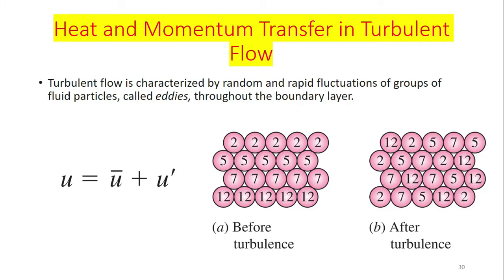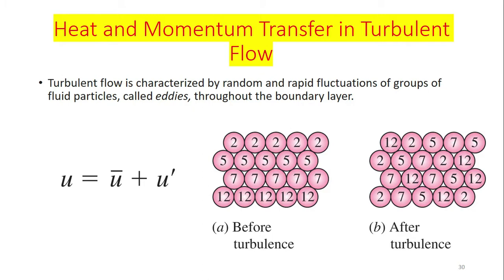But in turbulent flow, the transverse motion of eddies transports momentum and heat to other regions of the flow before they mix with the rest of the fluid and lose their identity. So it enhances the momentum and the heat transfer.